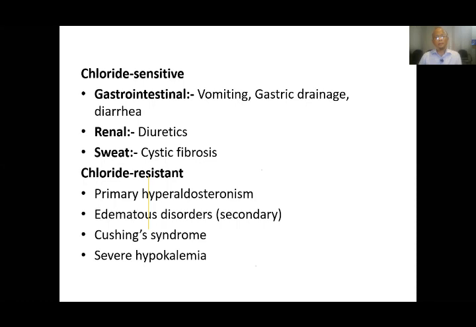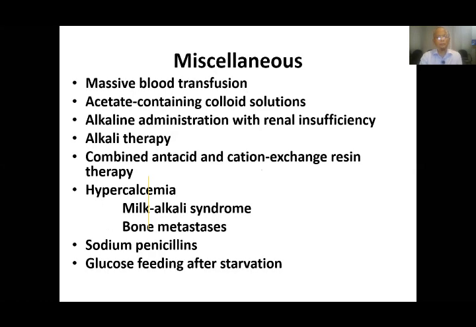In case of chloride resistant, you will see primary hyperaldosteronism, and edematous disorders resulting from, say, congestive cardiac failure or cirrhosis of liver. There will be Cushing syndrome and severe hypokalemia.